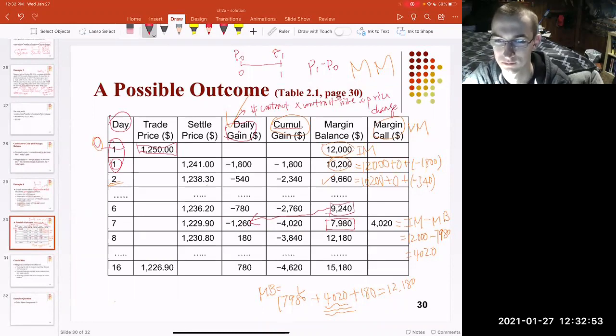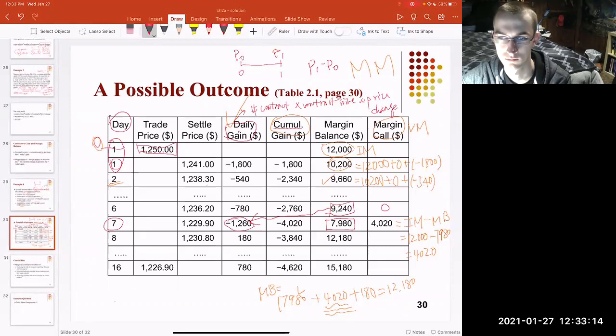Yes, excellent. So the previous day's margin balance is 9,240, because on day 6 we don't have a margin call, we don't have variation margin, so that's 0. So we just consider the margin balance in the previous day and add the daily gain in day 7, but it's basically a loss, not a gain, right?